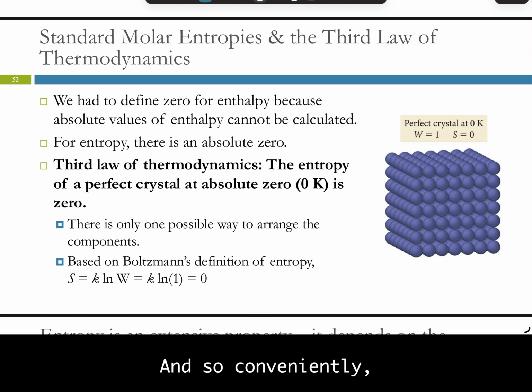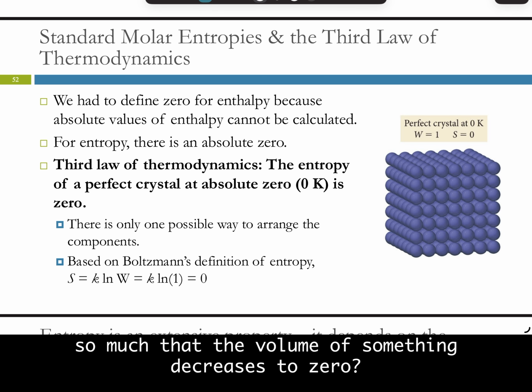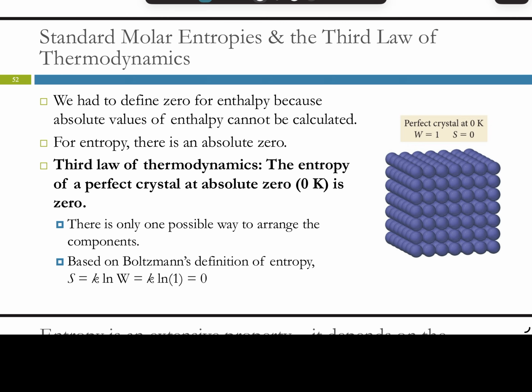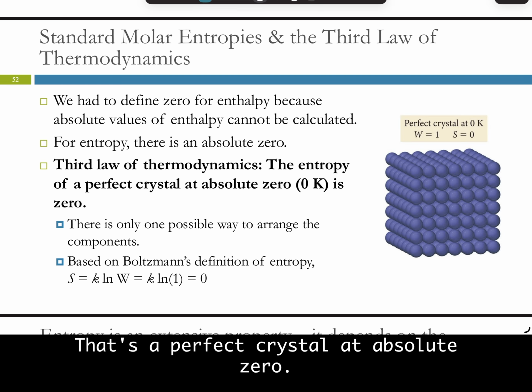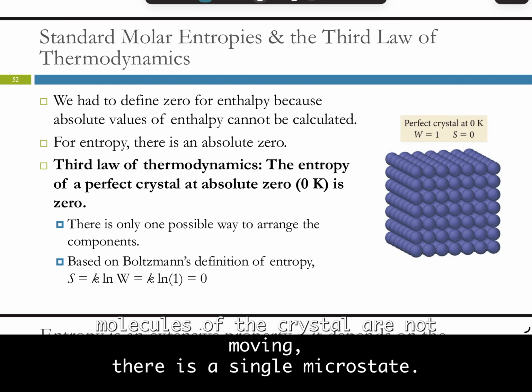And so conveniently, from just even extrapolating down, like what if temperature decreases so much that the volume of something decreases to 0? That's a perfect crystal at absolute 0. And as a perfect crystal at absolute 0, where the atoms or molecules of the crystal are not moving, there is a single microstate.